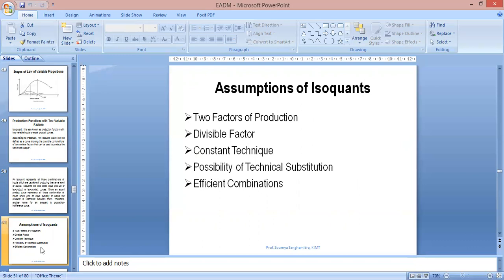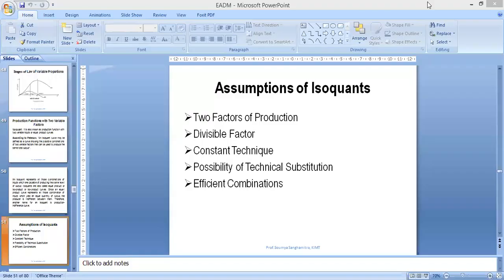If we are talking about isoquants, there must be two factors of production. Only two factors are used to produce a commodity, and we generally assume that there are only two factors or inputs of production.